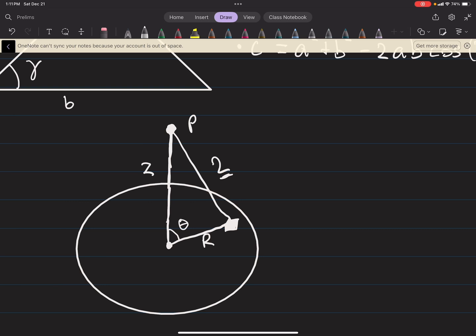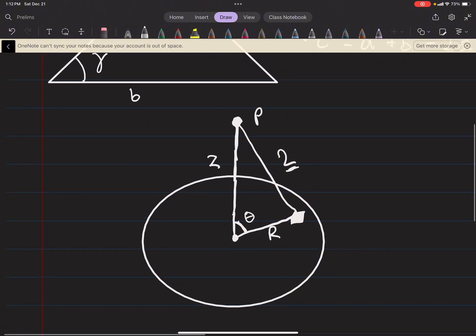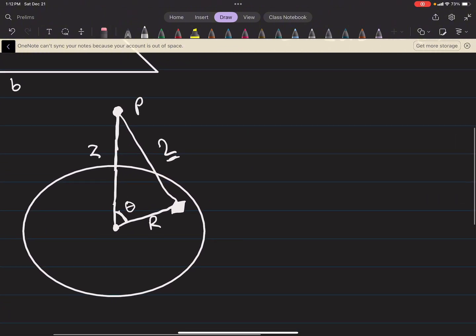And if you remember in spherical coordinates, this angle from our r vector to the vertical is what we call theta, and it's obviously going to be a distance r from the center since it's a sphere. So this little surface is what we're considering, and that's what we're going to integrate over. So let's go ahead and start breaking this down.